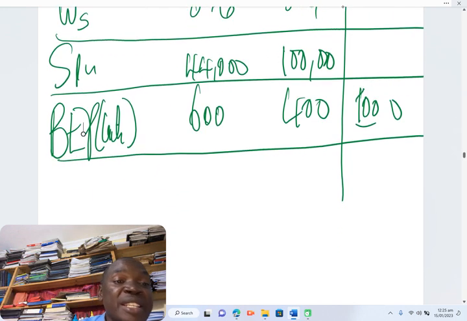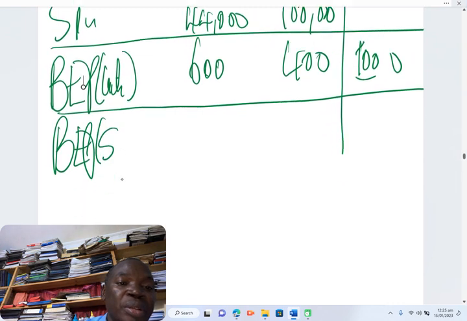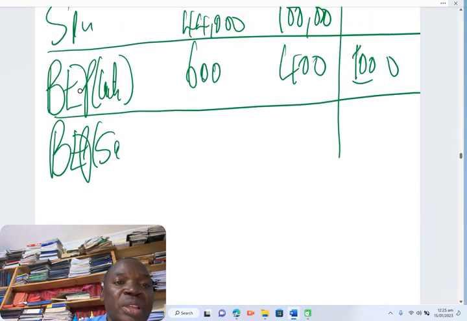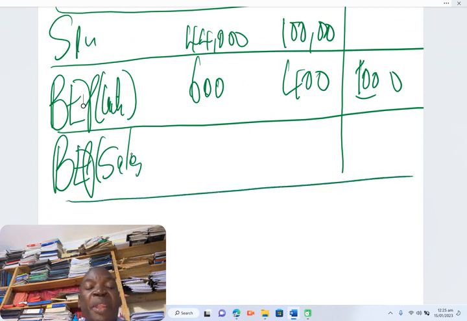Again, BEP in sales. So there, it is easy. You multiply the selling price times the number of units at break-even point. So 44,000 times 600. How much is this?